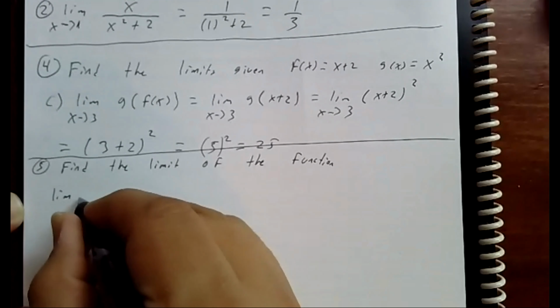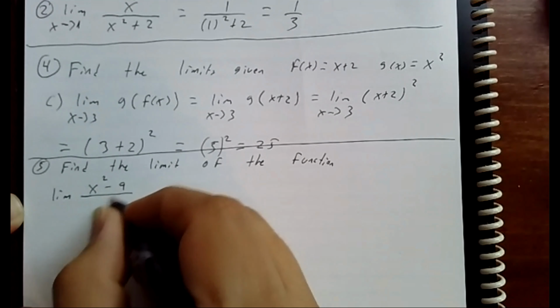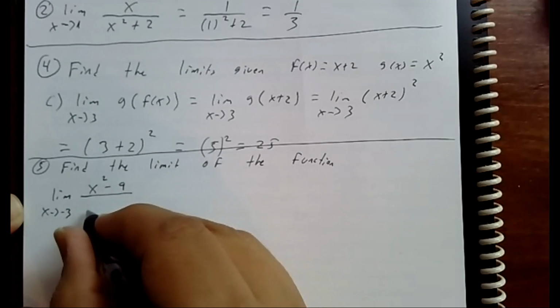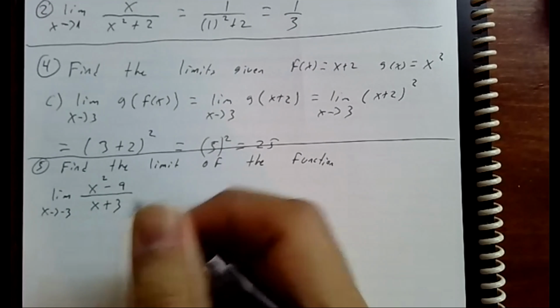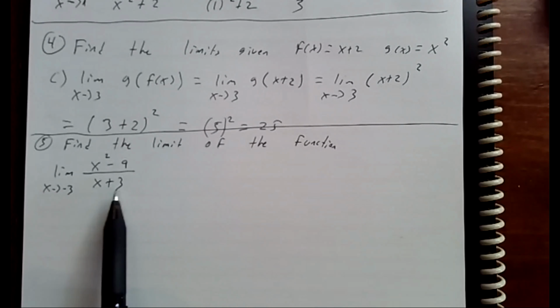So the limit of x squared minus 9 over x plus 3 as x approaches -3. So you agree that right now, if I plug in -3, I'm going to have division by 0. Do you all see that?